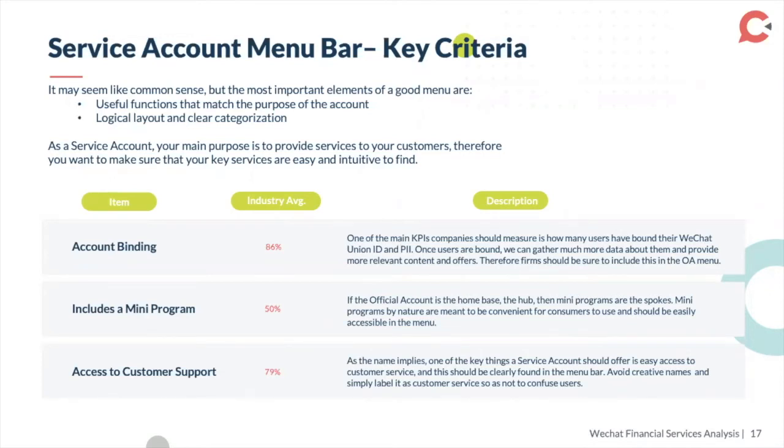The mini program is like an app, but the users will not need to download so many apps. Instead, they can just use a mini program to open an account, check account balance, register for events, or download a white paper. And you can always send them notifications and template messages to remind them to come back.